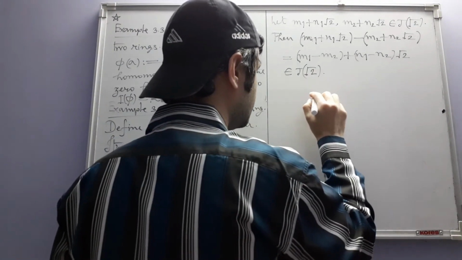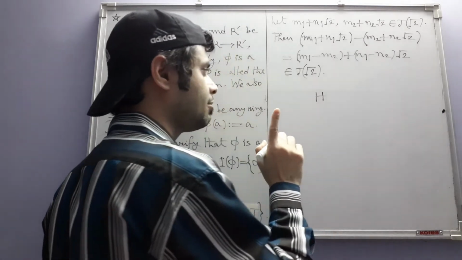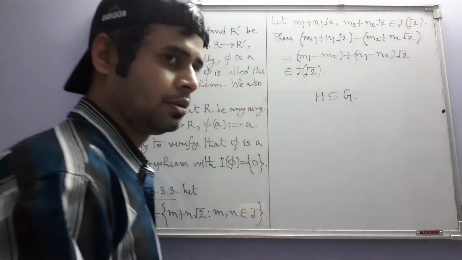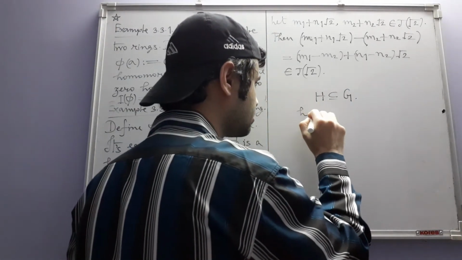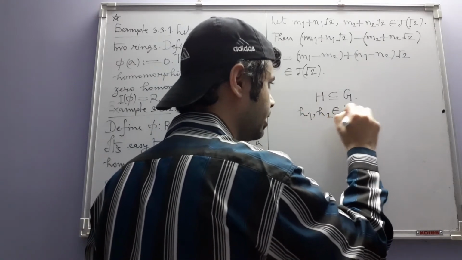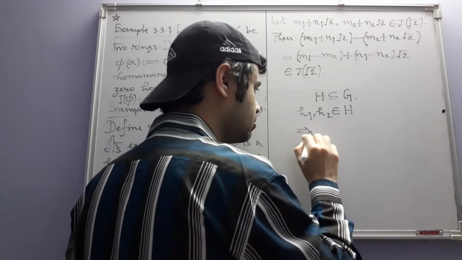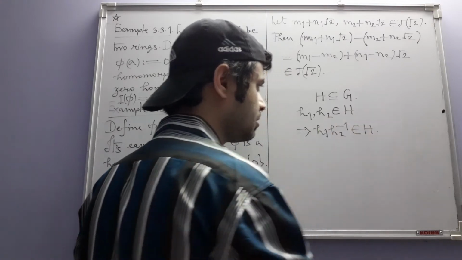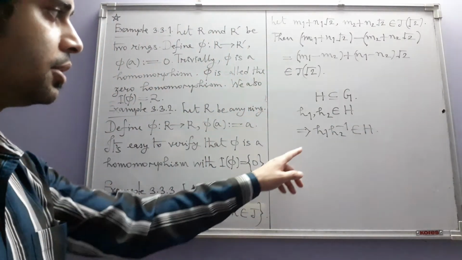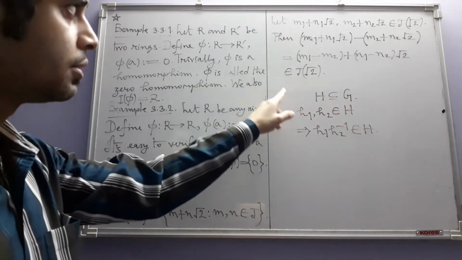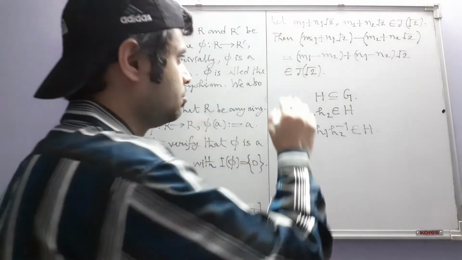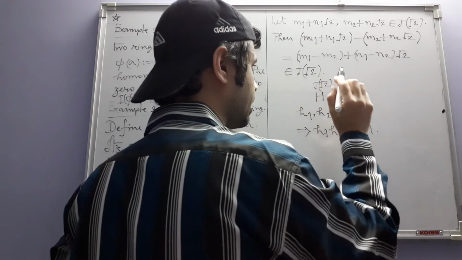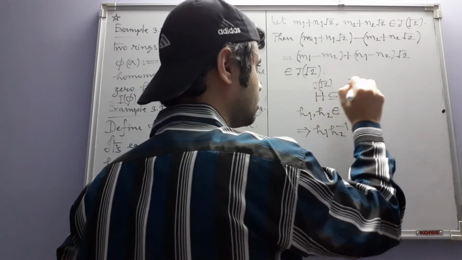Recall from group theory that if you have a non-empty subset H of a group G, and you take any two elements H1 and H2 in H, and if you are able to show that H1 H2 inverse also belongs to H, then according to a result in group theory, H is a subgroup of G. That same thing we are doing here with J root 2 in place of H, and in place of G we have the set of real numbers.